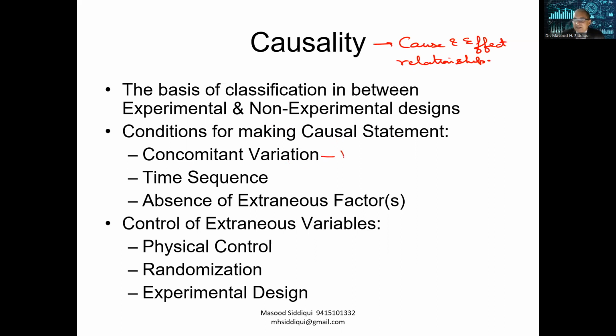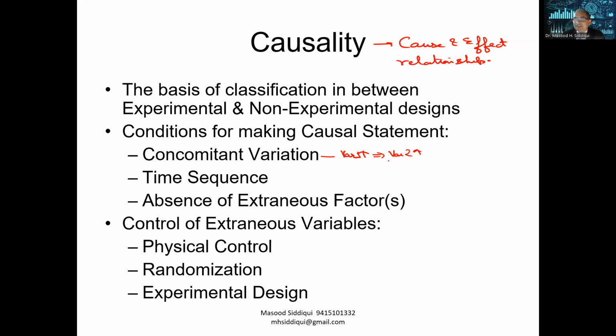It means if a variable changes, suppose this is variable 1, and there is a simultaneous change in variable 2. With the change of variable 1, variable 2 also changes. That is known as concomitant variation; their variations are related.